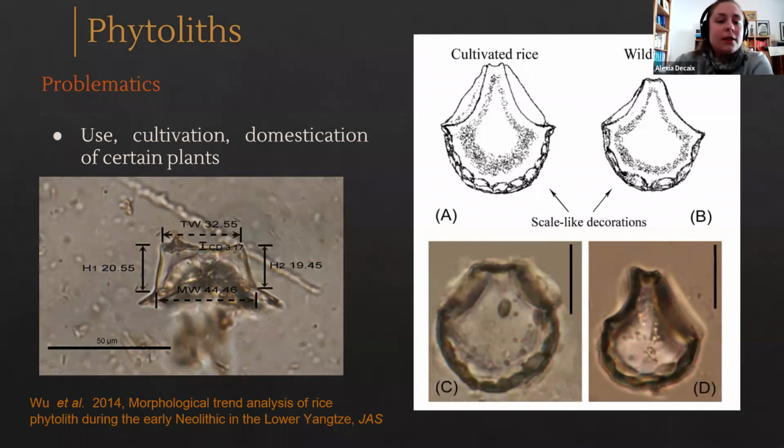Another ongoing research that developed during the last years is the domestication process. And here, as an example, we have investigations on phytoliths, which allowed work on rice domestication.